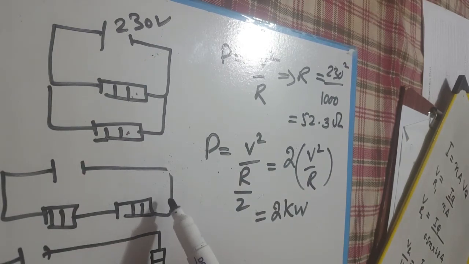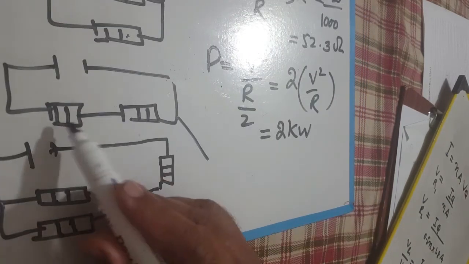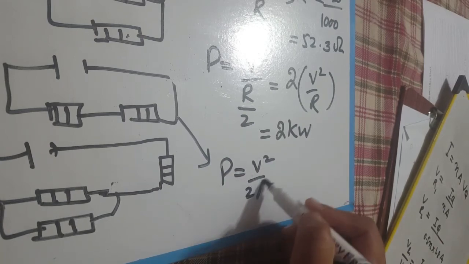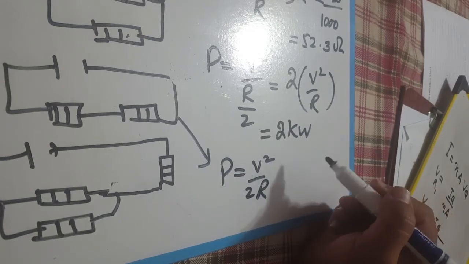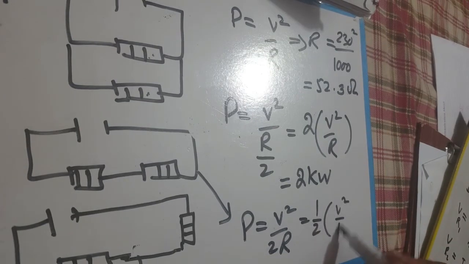But when you take the second combination, R plus R, 2R, again take P is equal to V square over 2R. Okay. Now V square over R is 1 kilowatt and half makes 0.5 kilowatt. Okay.